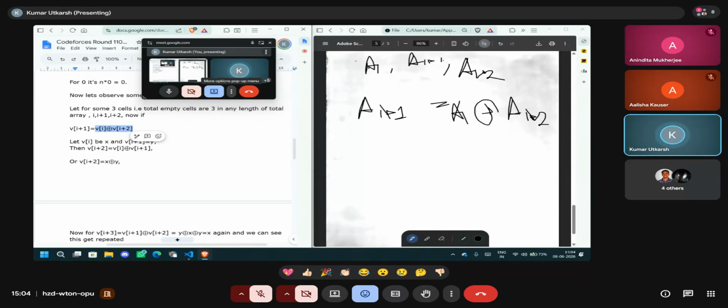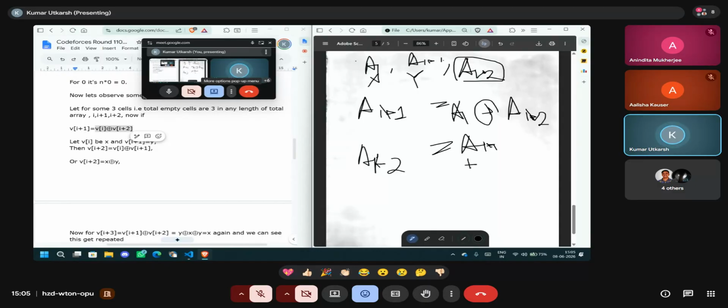Then if we let A of I be X and A of I plus 1 be Y, then what will be A of I plus 2? See, XOR is self-inverse. So to get A of I plus 2, we take the XOR of A of I on both sides.